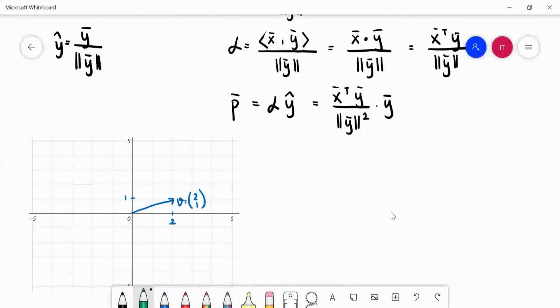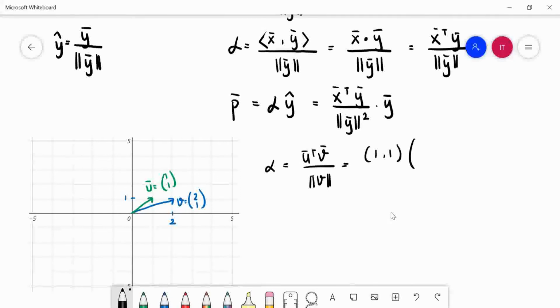And we have another vector u that is equal to 1, 1. So the scalar projection alpha in this case can be calculated as u transpose v divided by the length of v. In this case, it is 1, 1, 2, 1.